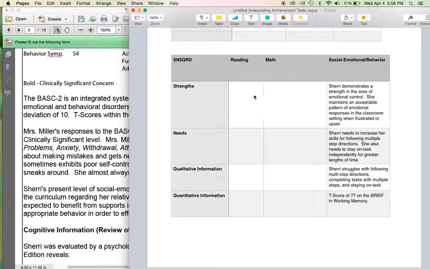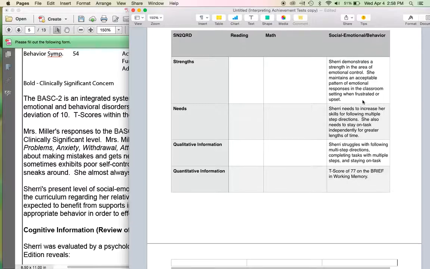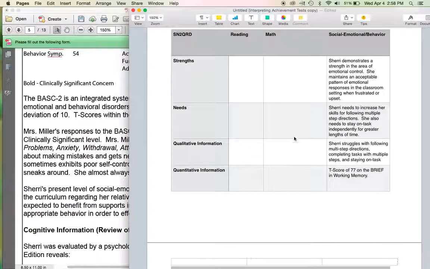So here we have the acronym that we'll use to organize and prepare our present level. I've just focused on, again, the social emotional behavior area since we have spent a little bit more time talking about academics in class. I just wanted to highlight this, but you would really utilize the same process. So you can really jump around and start wherever you want.